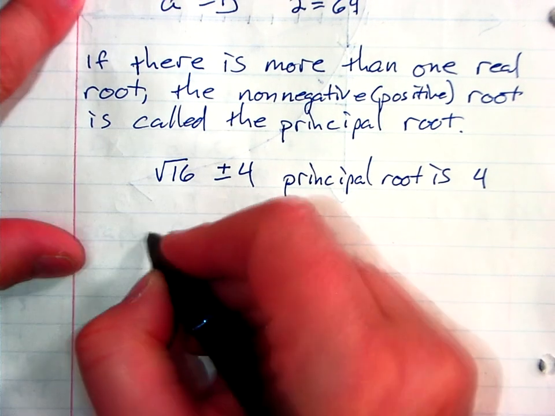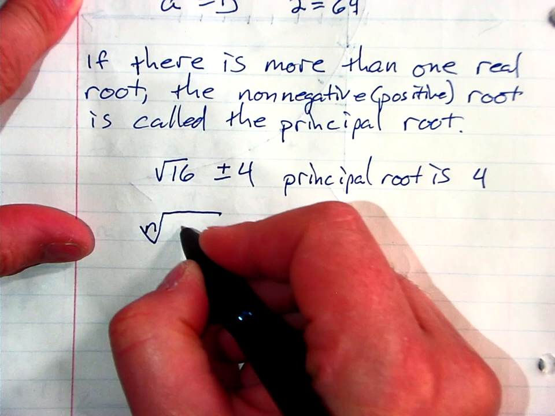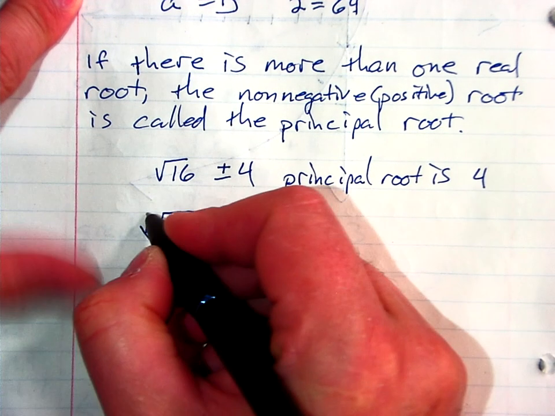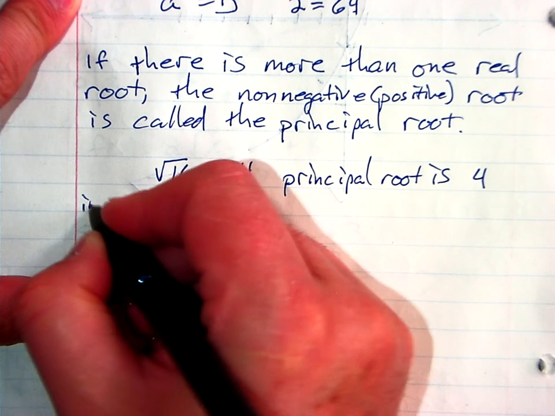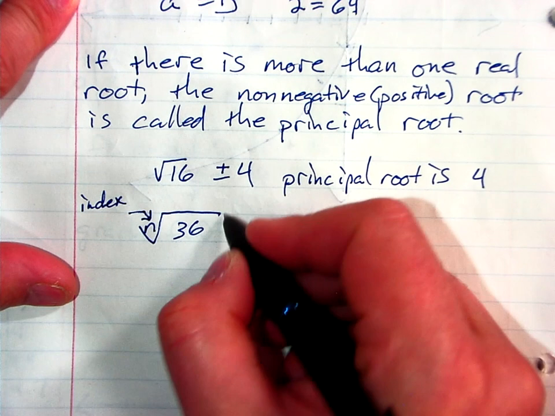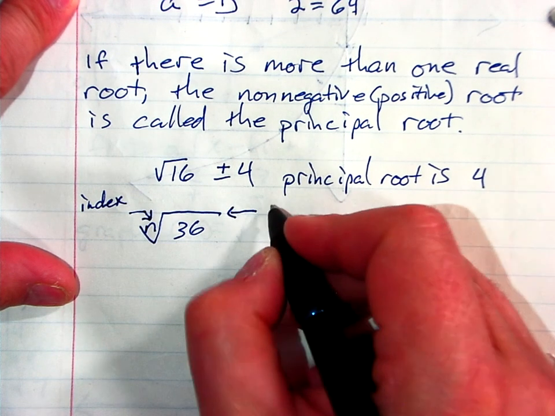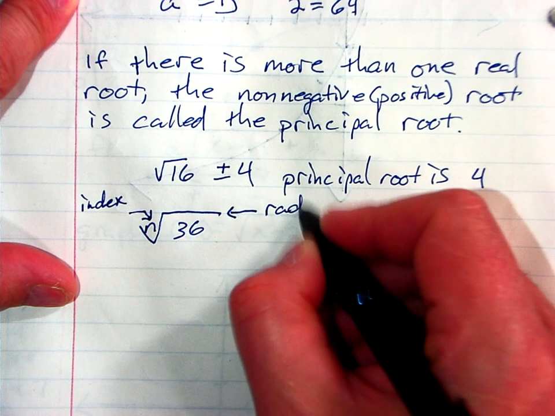All right, if I have the nth root of 36, the n is called the index. The little square root symbol, does anyone know what that's called? Is called the radical.